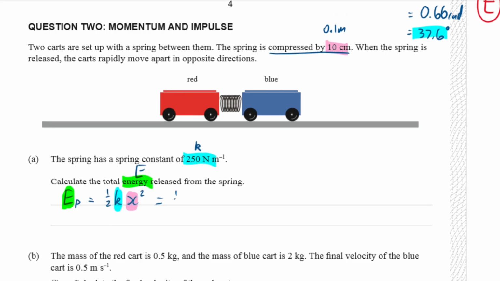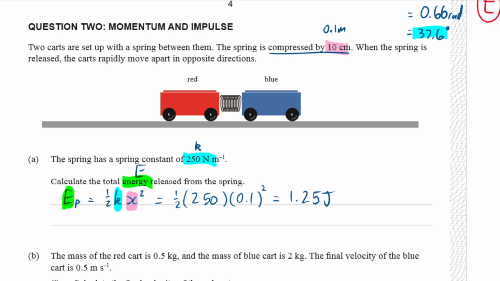Right, so we can substitute in K, 250, X, 0.1, not forgetting to square it, right? That's a very common mistake. So what's that? 0.1 squared, that's a tenth squared, that's a hundredth. 250 divided by 100, 2.5, 2.5 times a half, 1.25 joules.